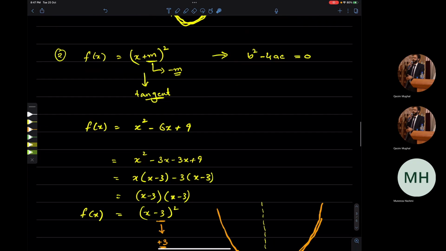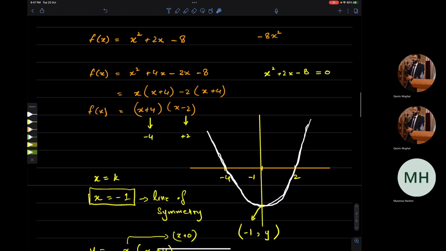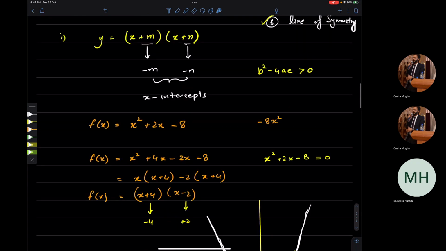Now you can get the y-intercept in different manners. First of all, if you have the completely expanded form of the equation, this thing at the end is the y-intercept.